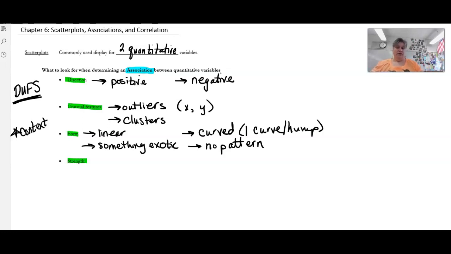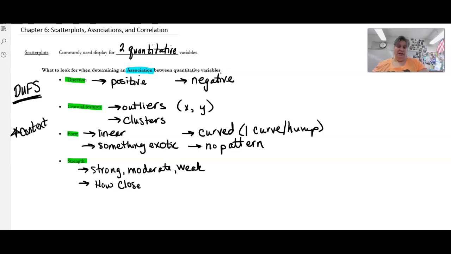So you have to decide which of those four things it is. And then the last thing you use to describe an association is the strength. The common words for strength are strong, moderate, or weak. The way you determine that is kind of a judgment thing, but after seeing multiples, you'll be better at it. It's how close points are to each other.